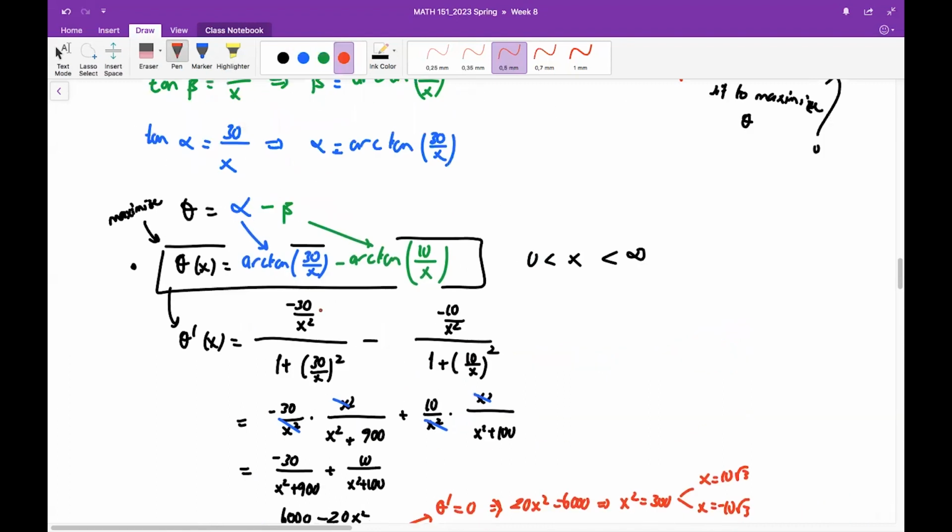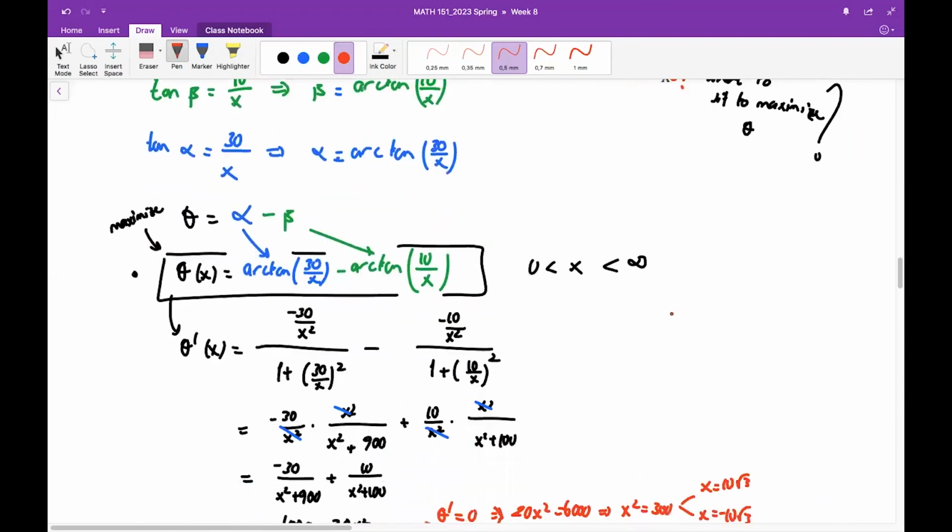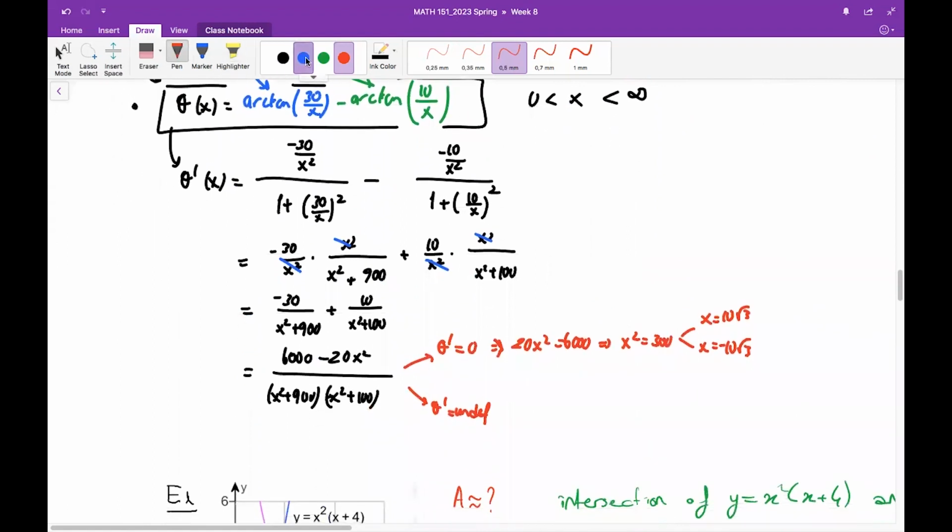As x is a length, remember x is the distance from your seat to the screen, so x can never be negative. That's why you find this critical point here. Is there any point which makes the denominator 0? As x squared can never get negative values, no point comes from here. So this is the only critical point for us.